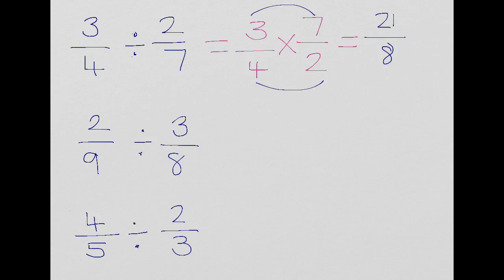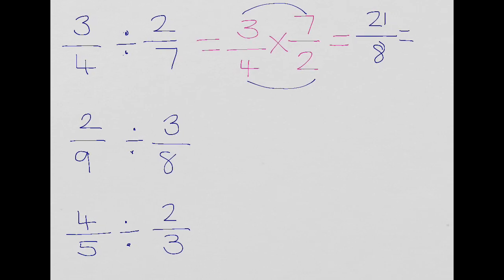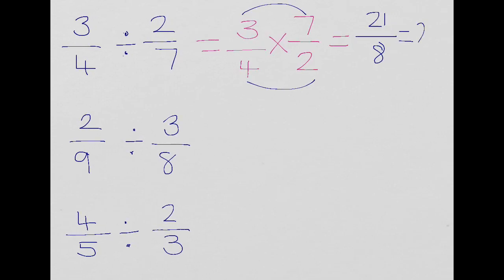Can you write it as a mixed number? Press pause, draw those bars. And it would be 2 and 5/8. Did you get 2 and 5/8? If you did, well done. You drew those bars out correctly.